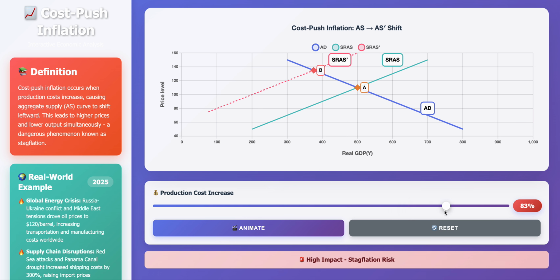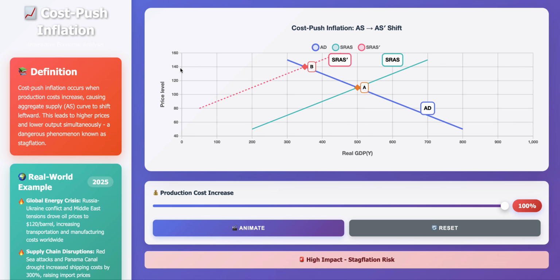And if the same happens and it continues to move left, the price levels rise considerably, as visible from point A at 110 to point B at 140. This is nothing but cost push inflation.